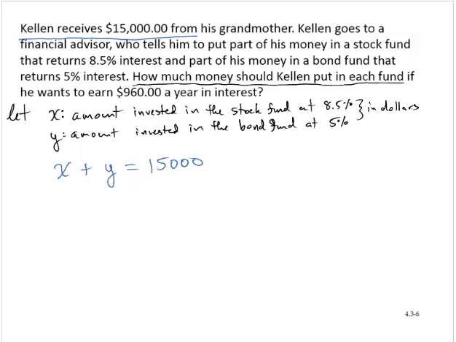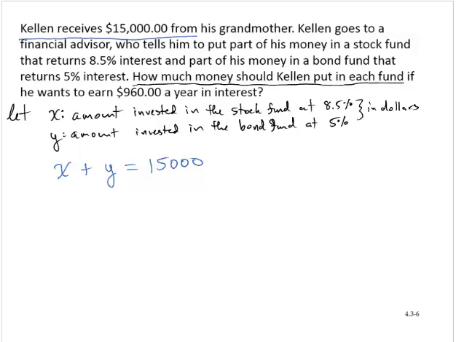Kellen goes to a financial advisor who tells him to put part of his money in a stock fund that returns 8.5%, and part of the money that returns 5%. He wants to earn $960 a year in interest. So now let's focus on the interest. But now we have two different interests going on.